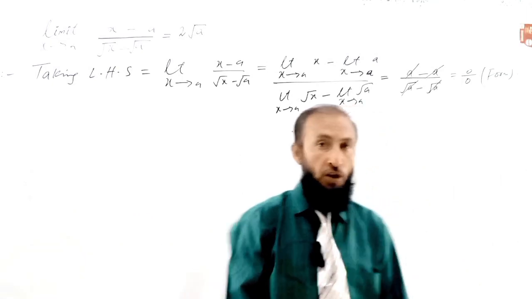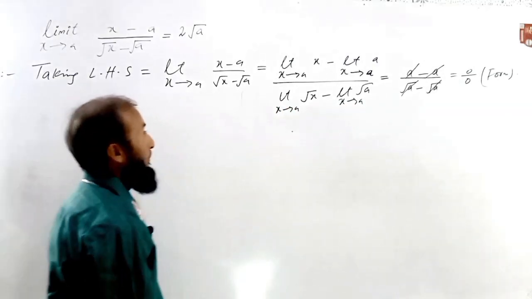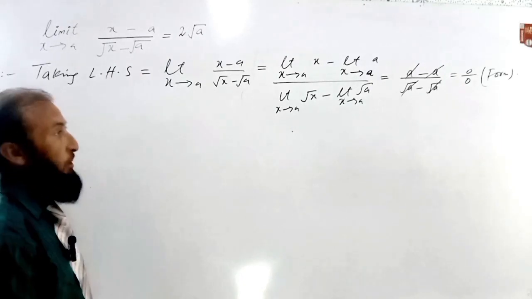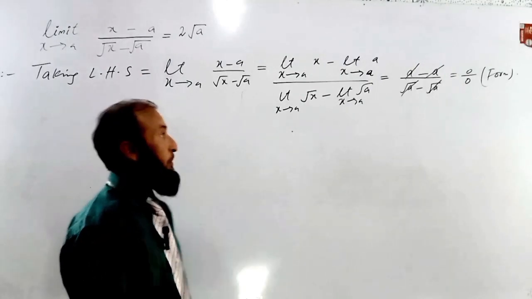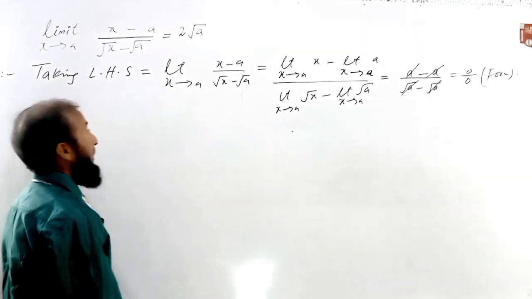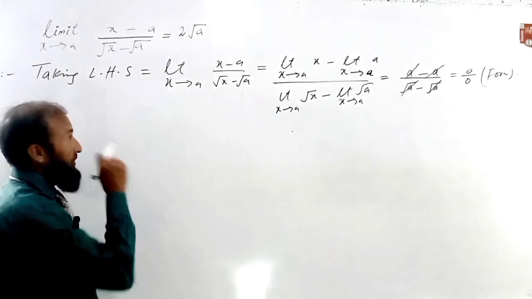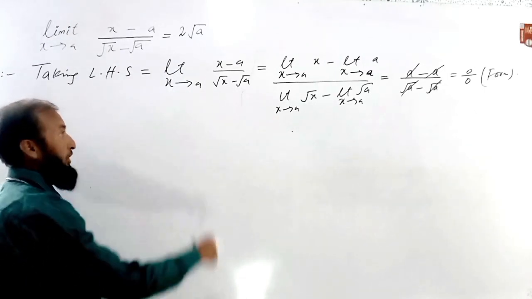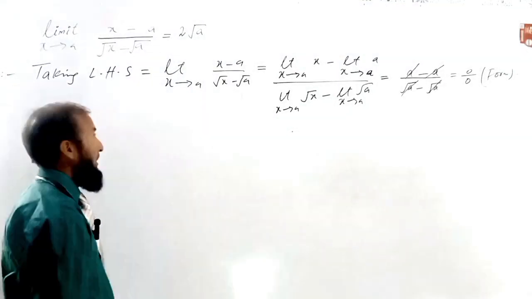Now we proceed to some methods. First, we check whether factorization is possible or not. If it is not possible, then we proceed to the rationalization method, or we can say that we apply the conjugate of the denominator term.